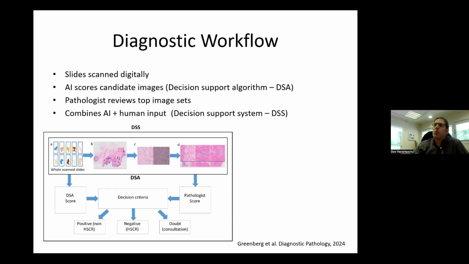Yeah, no, so we focused on the ganglion cells, and actually on a nice cohort with regard to Hirschsprung disease, we saw that this was enough. Okay, so we were able to detect ganglion cells and make the same diagnosis as the pathologist.